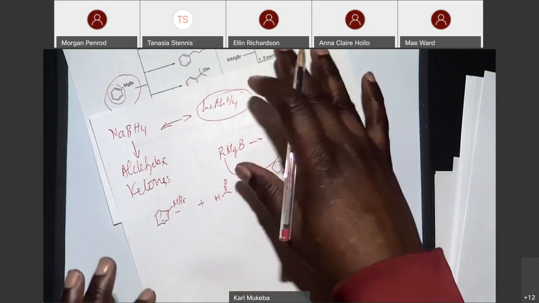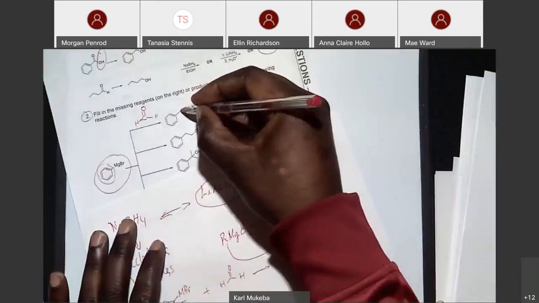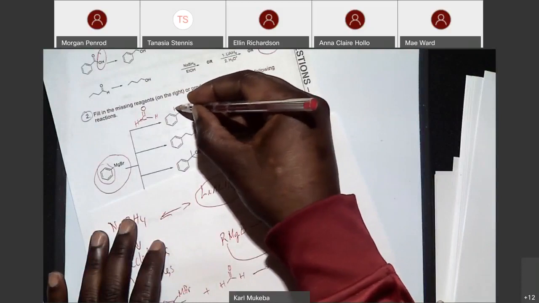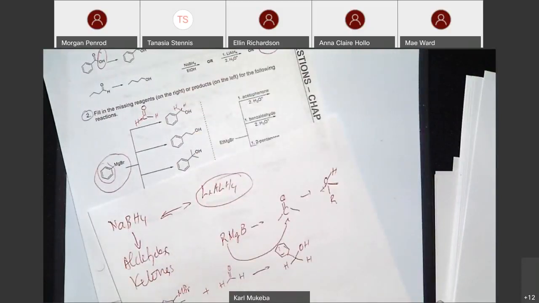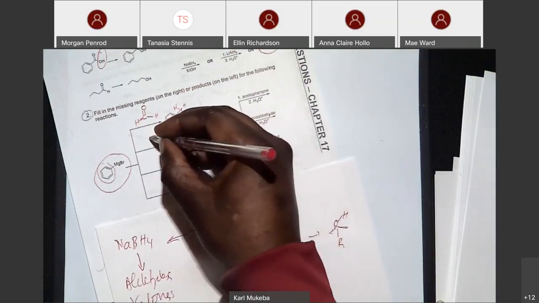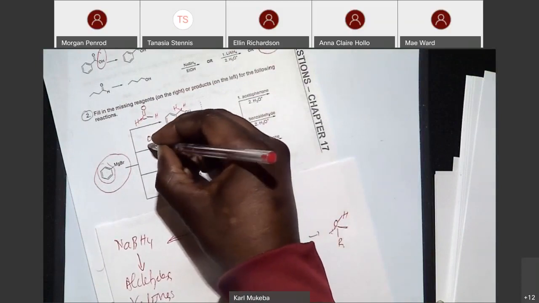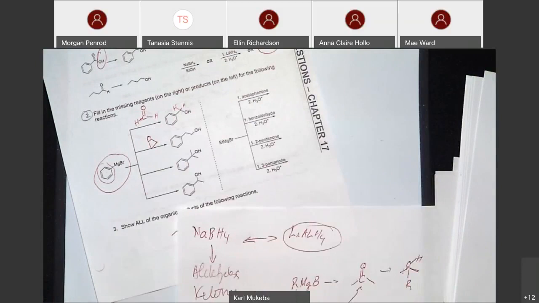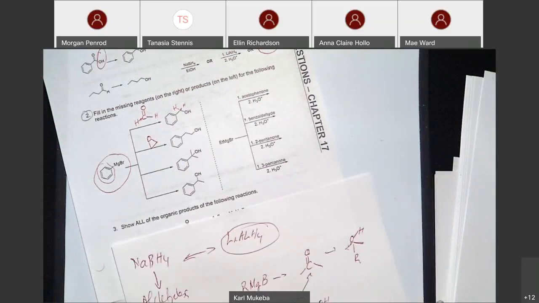So you have to make sure there is H here because carbon is always tetravalent. You have to have 4 elements attached to your carbon. So does that make sense? So the next one, a simple epoxide.